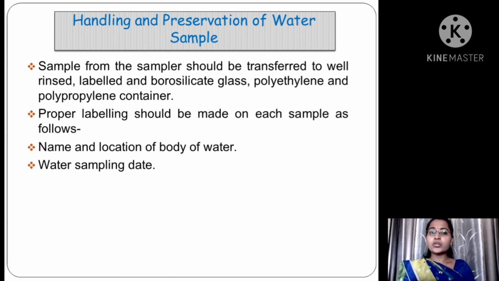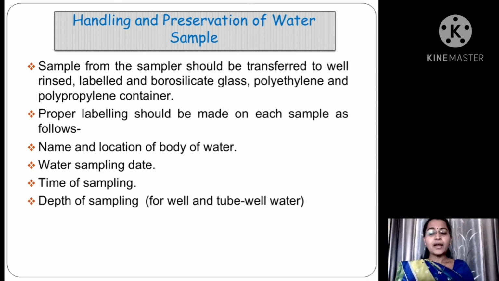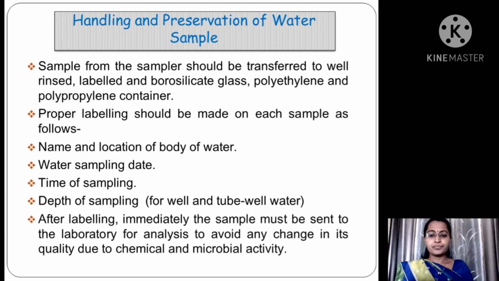Also record water sampling date as well as time of sampling and depth of sampling if the sample is taken from well and tube well. After labeling, immediately the sample must be sent to the laboratory for analysis to avoid any change in its quality due to chemical and microbial activity.